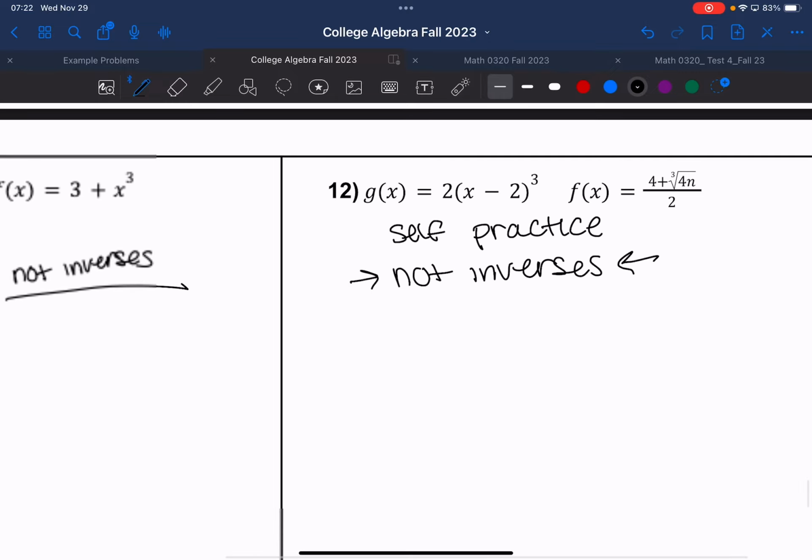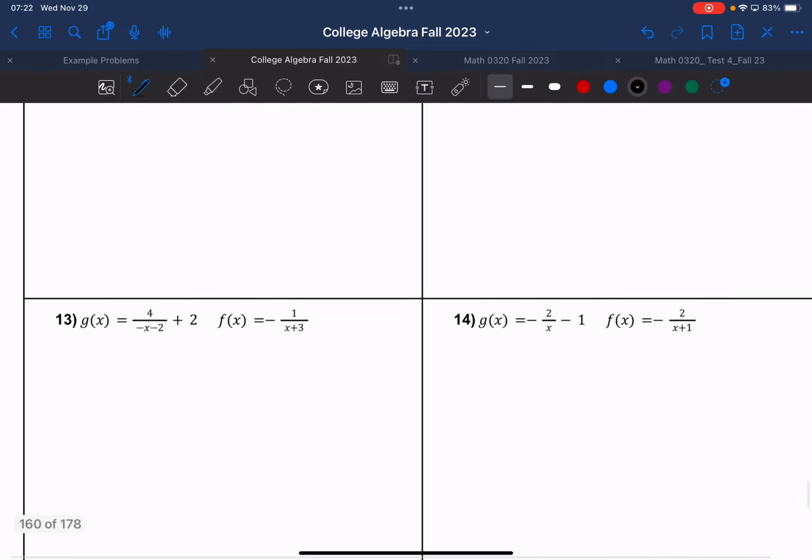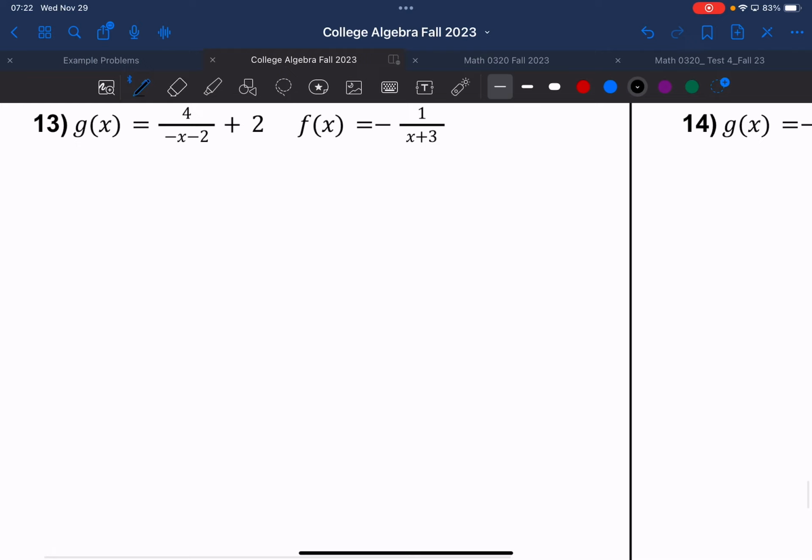And then I'm going to leave 13 as self-practice too. Again, you should get that these are not inverses. And just be mindful that your variable is in the denominator, okay?